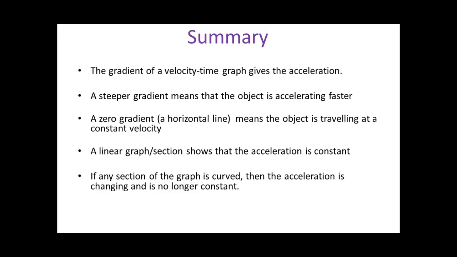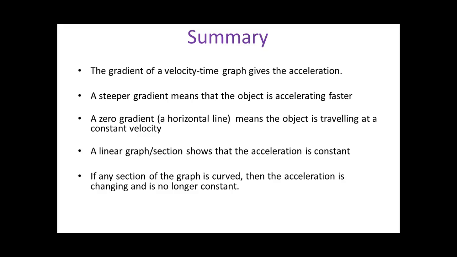Alright, so I've left you there with something to do that's going to take you a little bit of time, so why not summarize what we've learnt so far then. So the gradient of a velocity time graph then gives us the acceleration, and the steeper the gradient means that the faster the object is accelerating. A gradient of 0, a horizontal line, means that the object is travelling at a constant velocity.